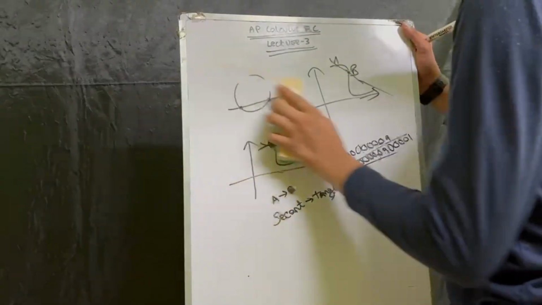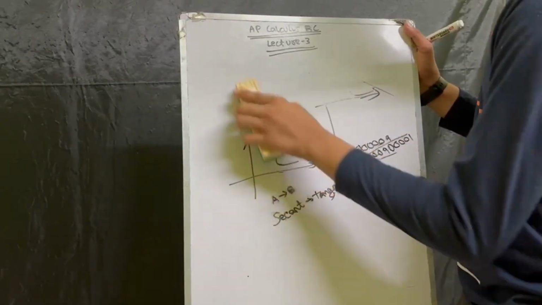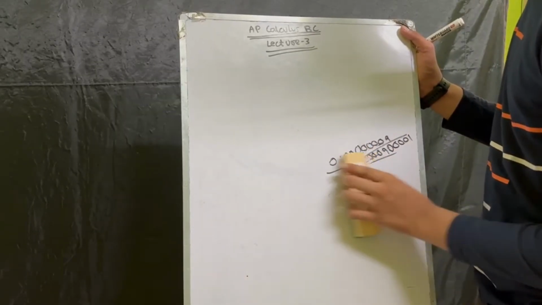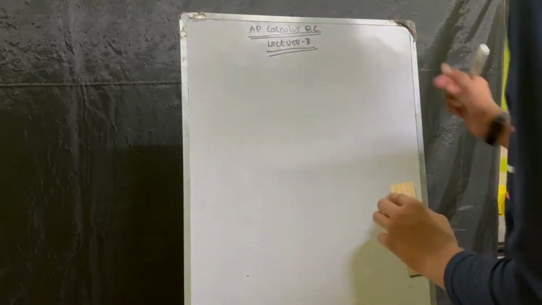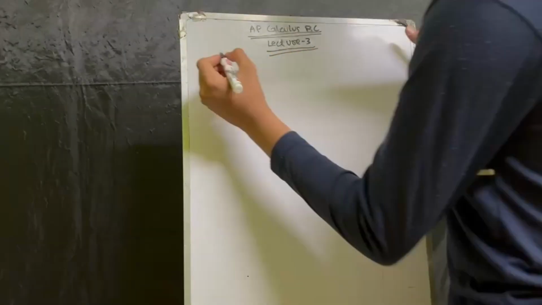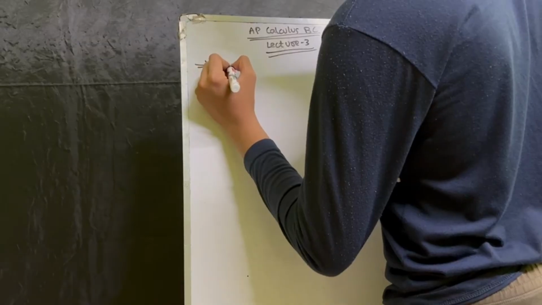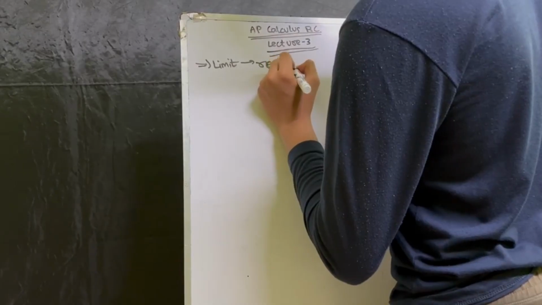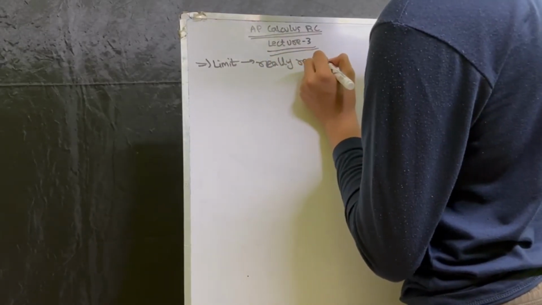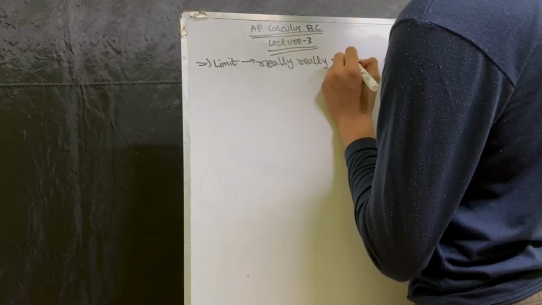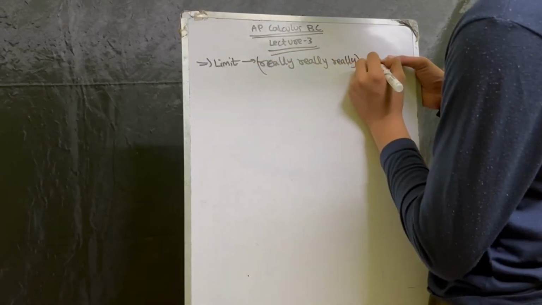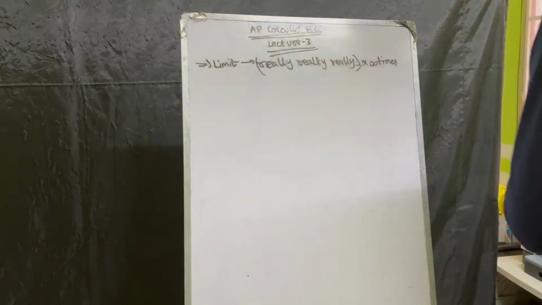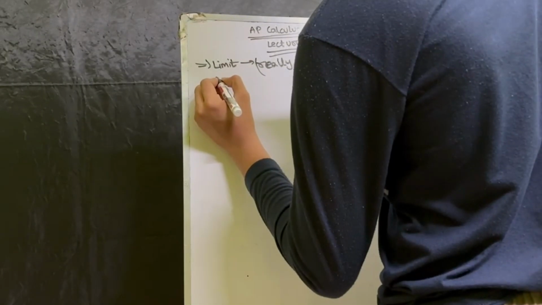So let's write the basic definition of limit, not a full-fledged definition, just for our understanding, okay? So a limit just means really, infinite times close.